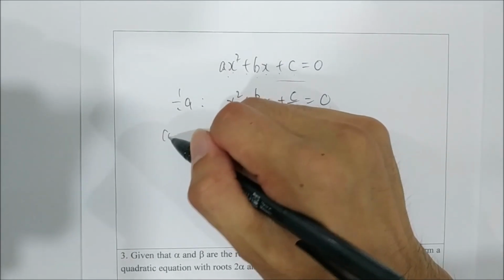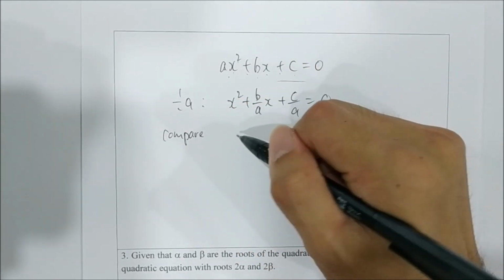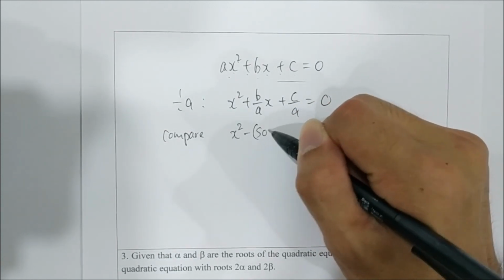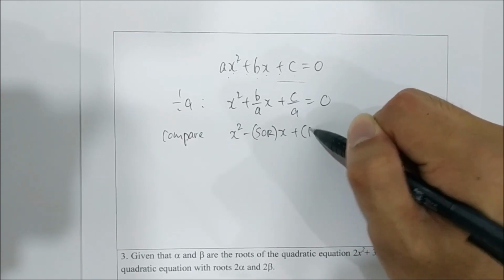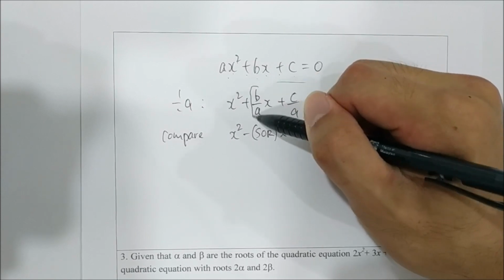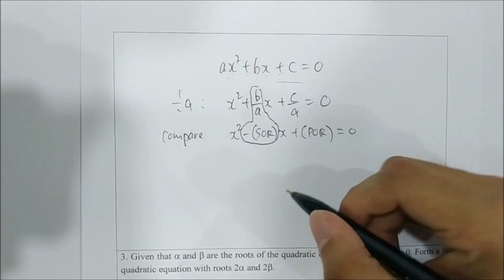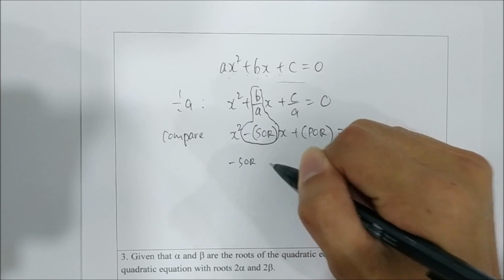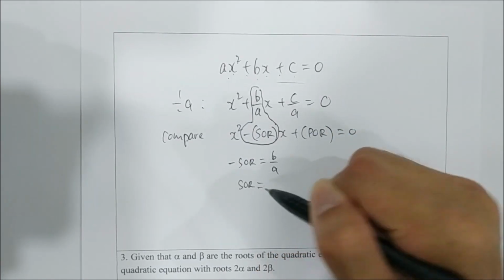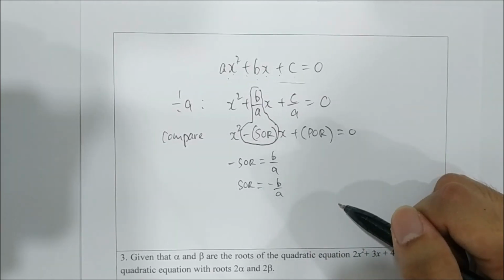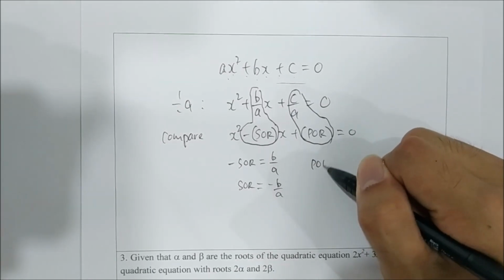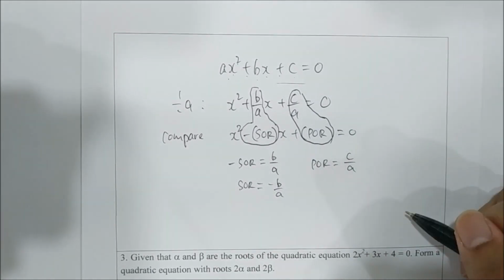And then if we compare with the previous equation, which is x squared minus SOR x plus POR, you'll find that this is equal to this. So negative SOR equals b over a, and if we move the negative, it becomes SOR equals negative b over a. And if you compare this to this, POR is c over a.